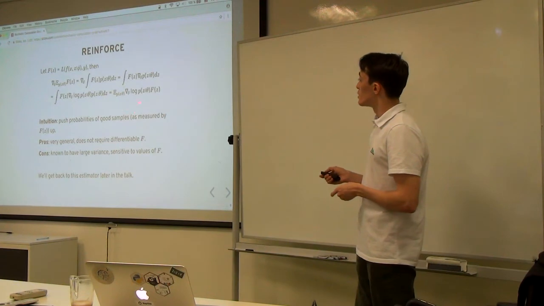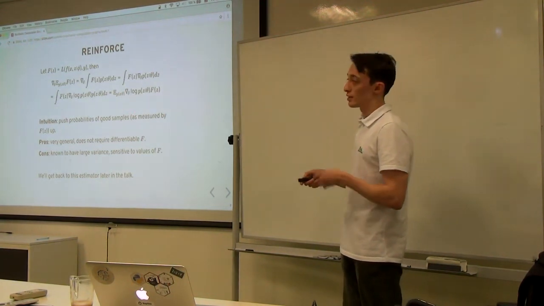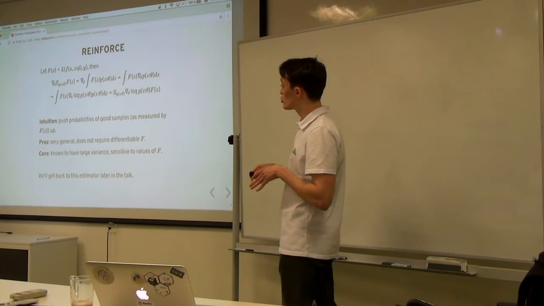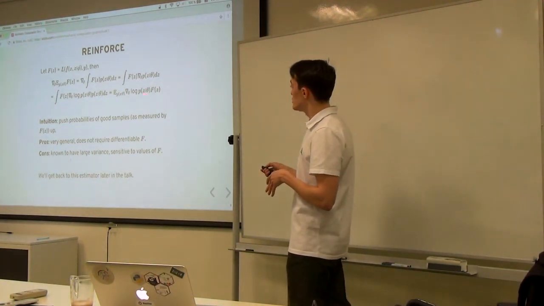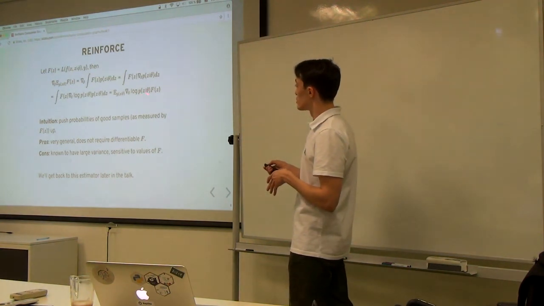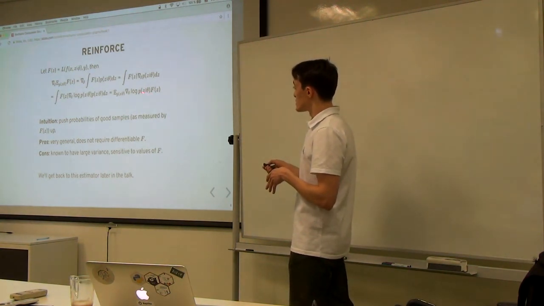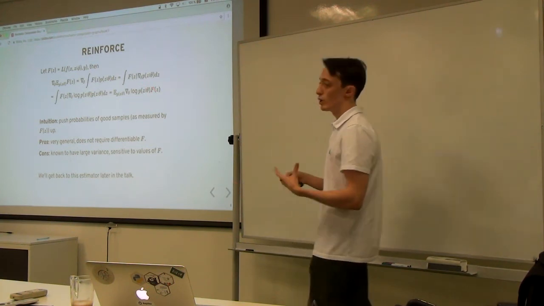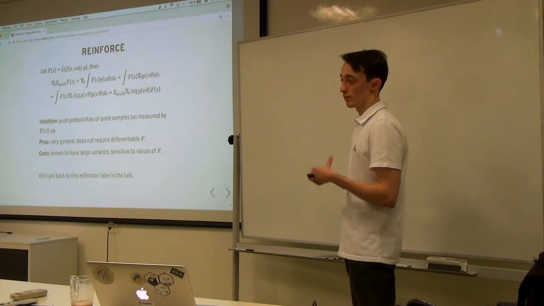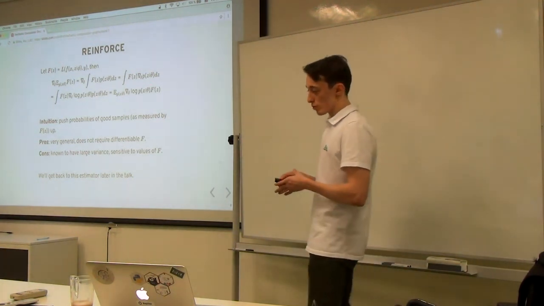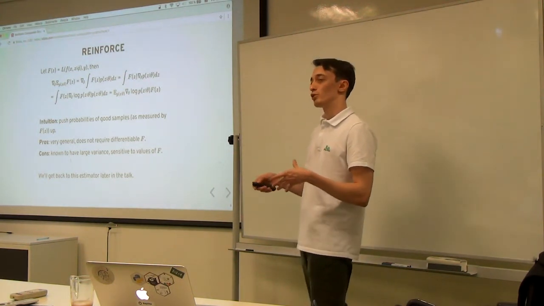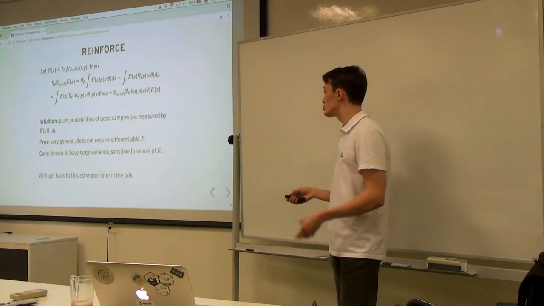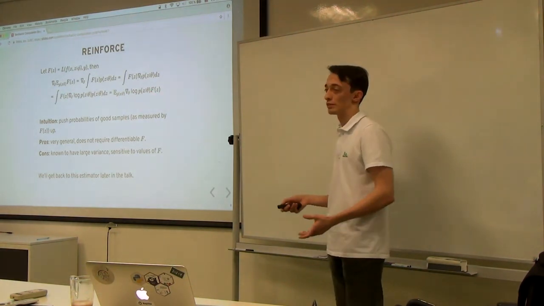So what this gradient estimator says is that you should maximize the log probability of the sampled z, and these directions are weighted by the value of your function for this sample. So you maximize probabilities of those samples that lead to big values of f.